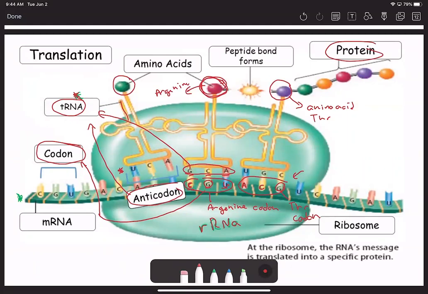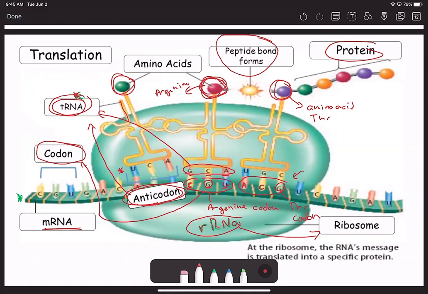So the transfer RNA is bringing the specific amino acids that we need. The messenger RNA contains the codons for that specific protein. The transfer RNA also has the anticodon, and then the ribosomal RNA. The ribosomal RNA has one job, and that's to keep these in place until that peptide bond forms.